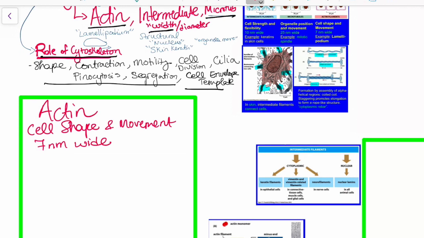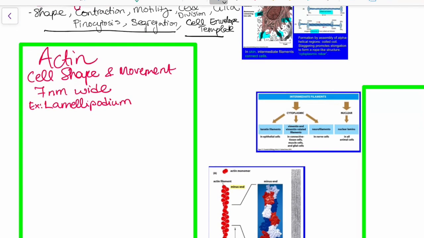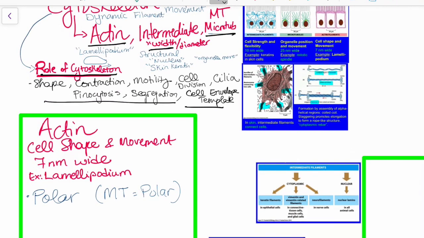And the example we find it in would be the lamellipodium. They provide shape, and they are also polar, in how they form. Actin and microtubules are both polar, and intermediate is the only one that is nonpolar.